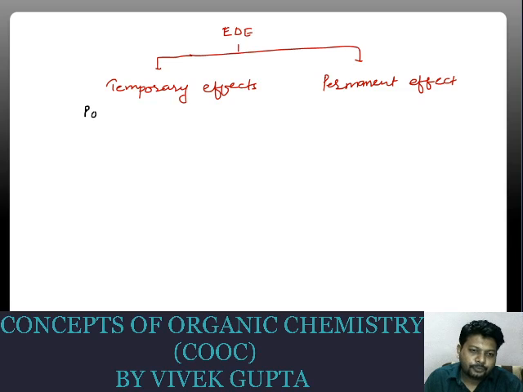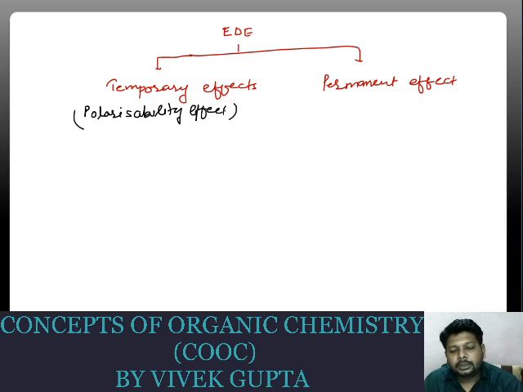Another name of this effect is the polarizability effect. A permanent effect means that if you study the molecule in an isolated environment, then too it will be polar or charged, or it will be acting as a dipole or quadrupole or tripole.